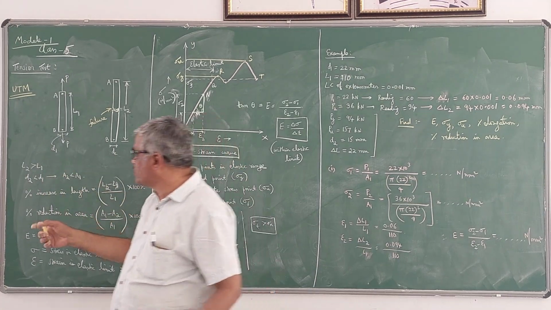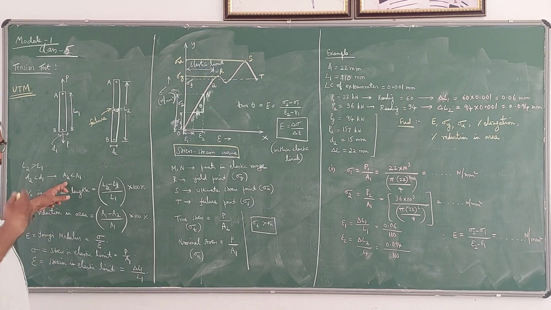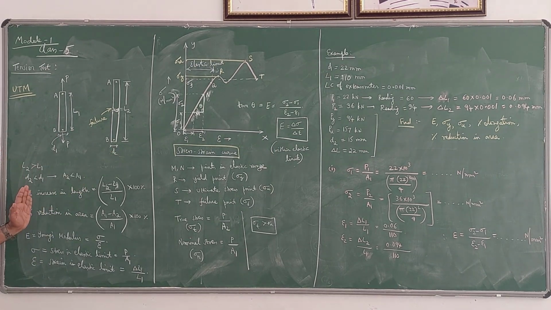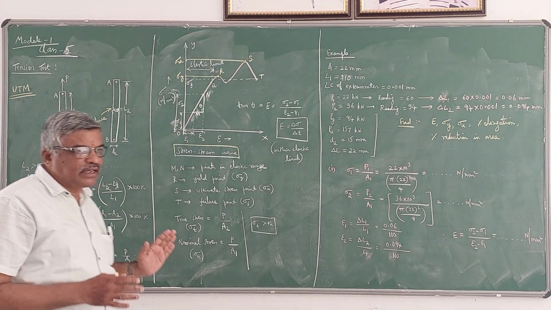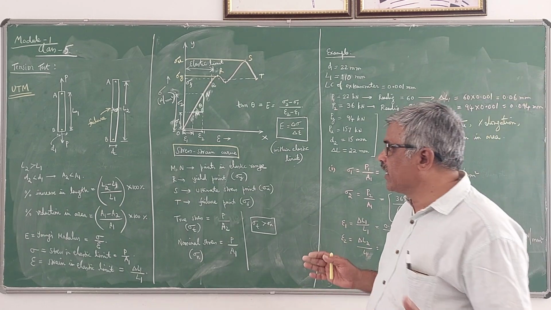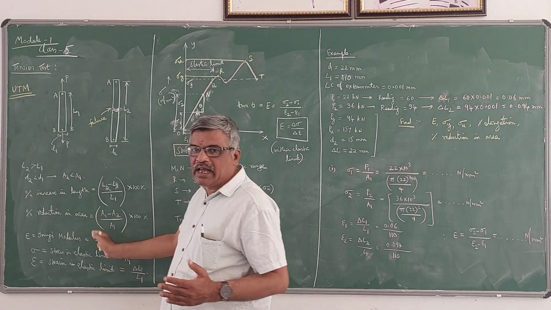Since D2 is less than D1, the area reduces, that means A2 will be less than A1. In this type of problem, they will ask certain things, that is, what is the percentage increase in the length, or percentage elongation, and what is the percentage reduction in the area.